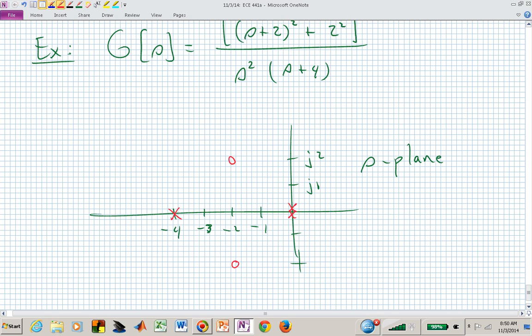We now have this. What's our pole-zero excess? 1. How many asymptotes do we have? Just one, going off to minus 180. So somehow those two poles at the origin need to approach those two zeros. Will they do this? We need to figure that out. That's the angle of arrival.